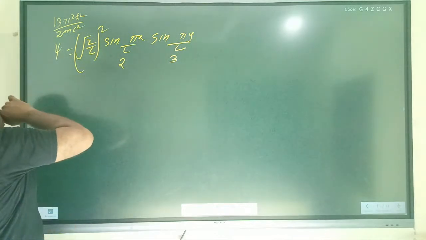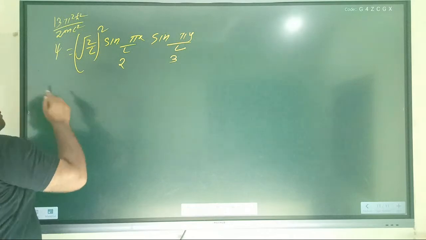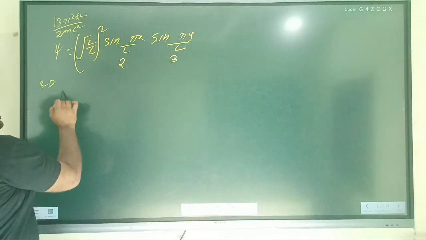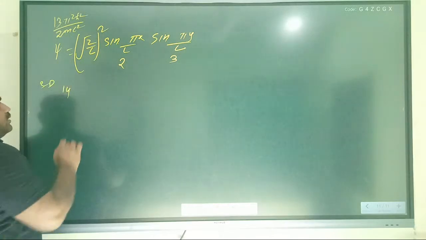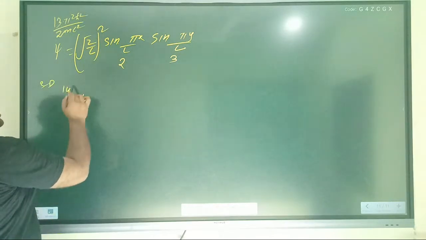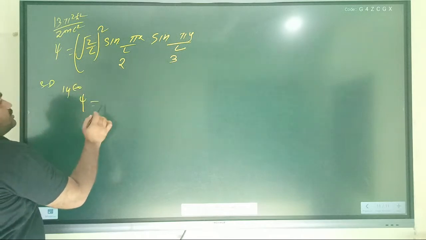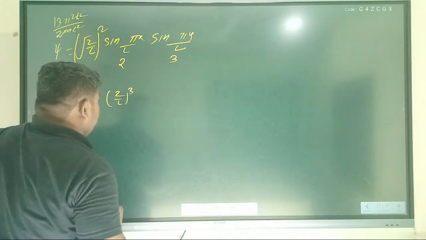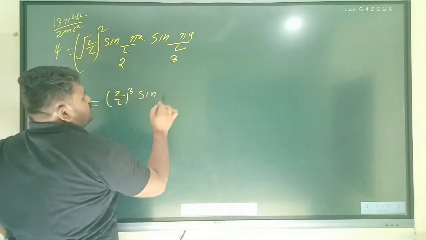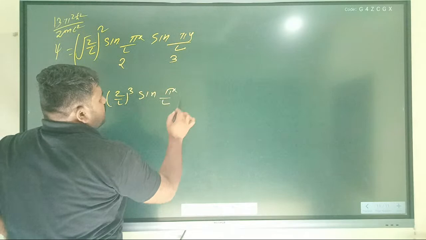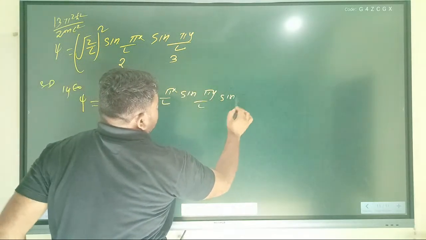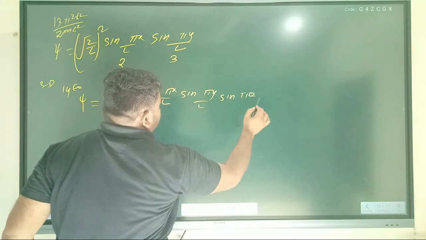Now suppose they are given the system is a 3D box. Okay, तो 3D में 14 आ सकता है, 3D 14, then energy is equal to 14 epsilon naught, then psi is equal to how much? Then (2 upon L) bracket to the power 3/2 into sin pi x upon L, sin pi y upon L, sin pi z upon L. Clear?